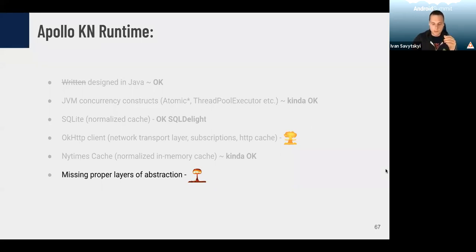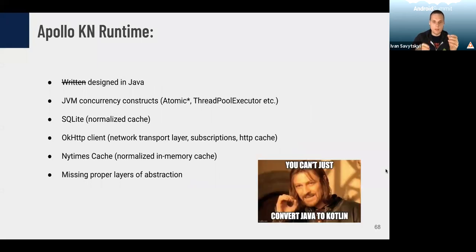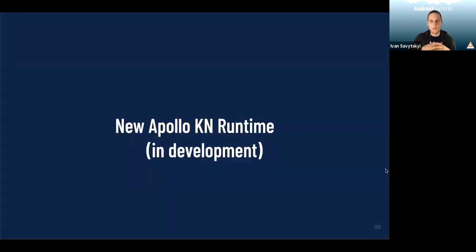So the key point here is that you cannot just take the Java project, convert everything to Kotlin, replace a bunch of dependencies, and suddenly it's going to work. No, you need to introduce the proper layer of abstraction. And after all of this, we decided that, okay, maybe it will probably take the same effort as writing the runtime from scratch, like a new runtime.